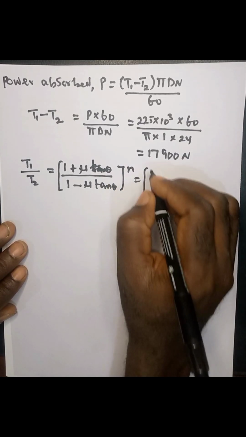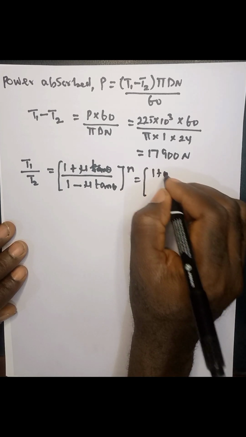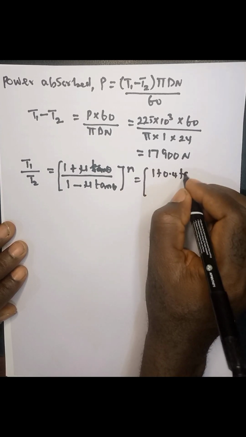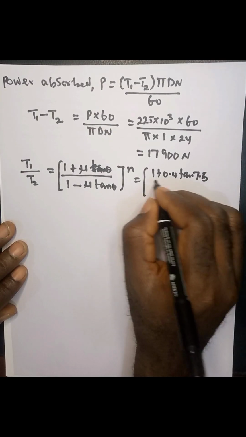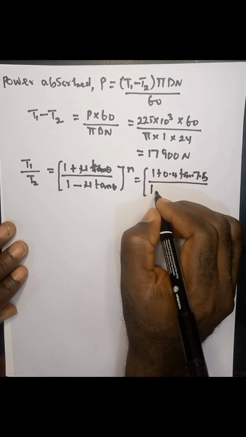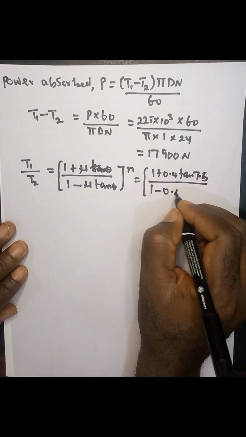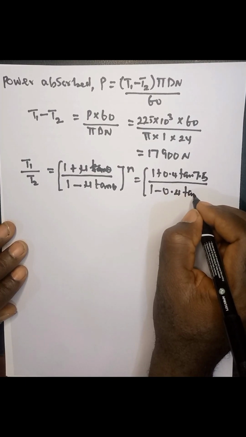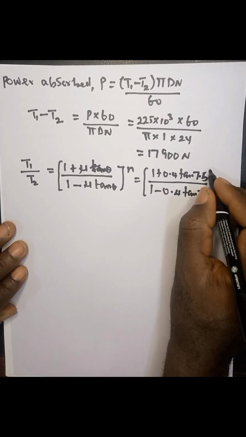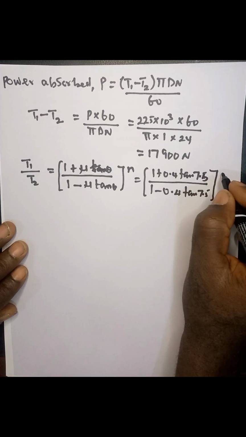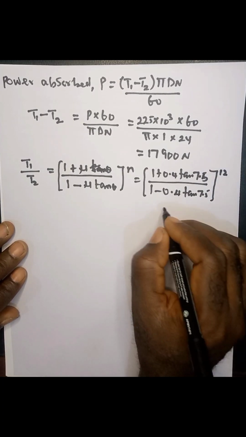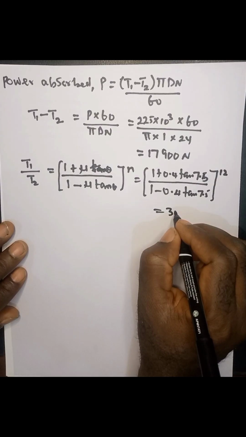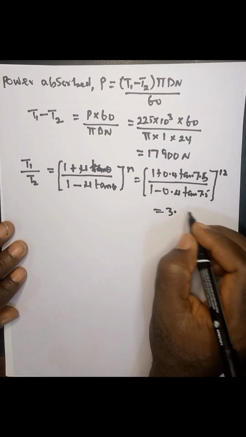When we substitute our values, we have 1 plus 0.4 tan 7.5 over 1 minus 0.4 tan 7.5, raised to power n, where n is the number of blocks, which is 12. When we evaluate this, we are going to have 3.55.